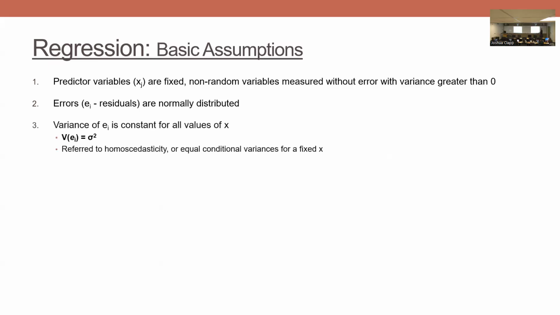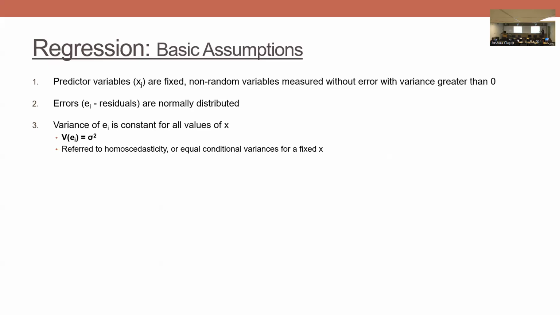We're saying that the variance of our errors is constant for all values of x, okay? What this means is, let's say I've got my extroversion score that's going to predict things. What I'm saying is that the distribution of my variance is not dependent on the value of my predictor.